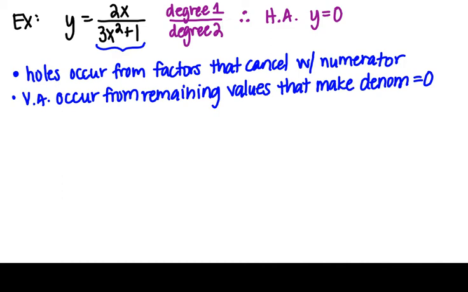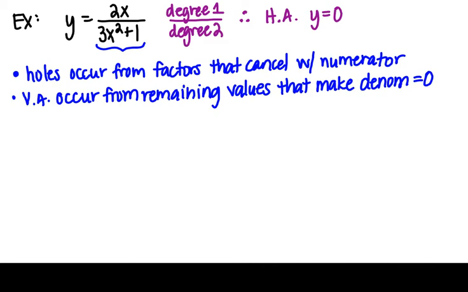So in this case, 3x squared plus 1, there is no real number that's going to make that denominator 0. Anything times itself will be positive. So no matter what I put in for x, I'm going to have a positive number times 3 plus 1, which will always result in a positive number.